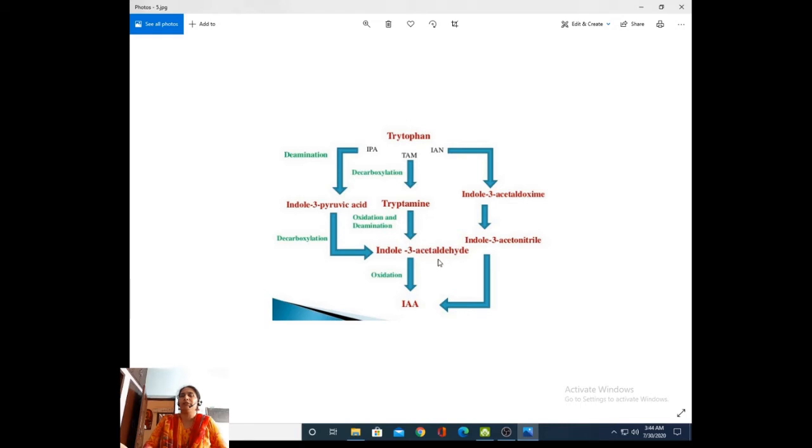Then it is converted into indole 3 acetaldehyde and then converted into indole acetic acid. Third pathway is the IAN pathway. In this, intermediate compounds are indole 3 acetaldoxime and indole 3 acetonitrile. It is then converted into indole acetic acid.